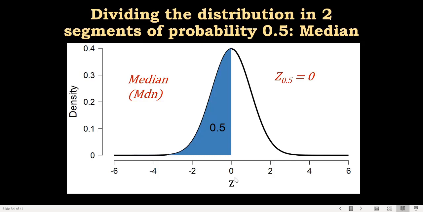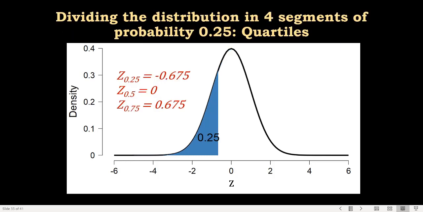Okay, so let's now divide the distribution into 4 parts. When we divide it into 4 parts, we are looking at quartiles. So here it is. The first interval has to go from negative infinity to somewhere here in the distribution, and that area should be 25% of the total, and therefore the probability of observing a value in that interval is 0.25, a quarter.